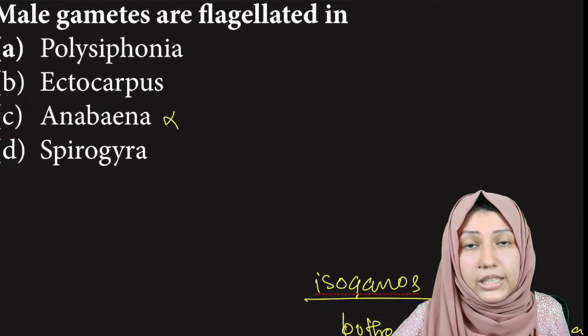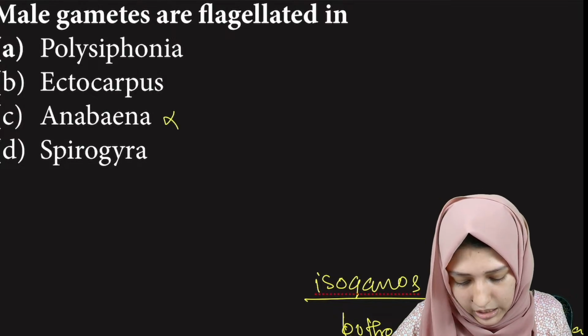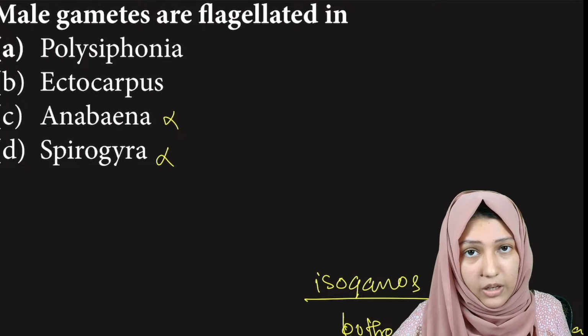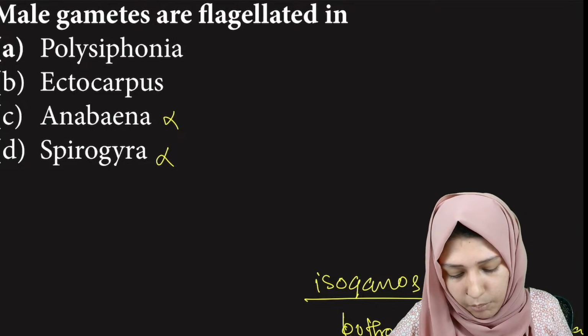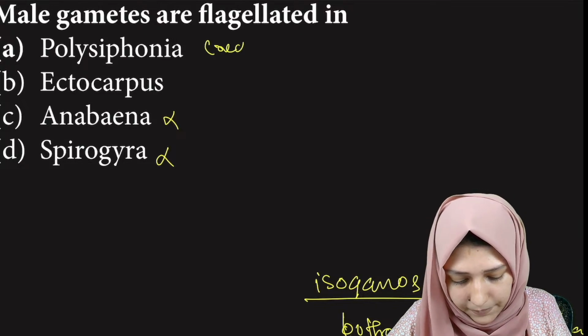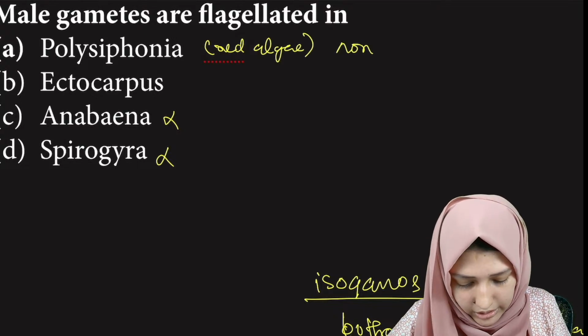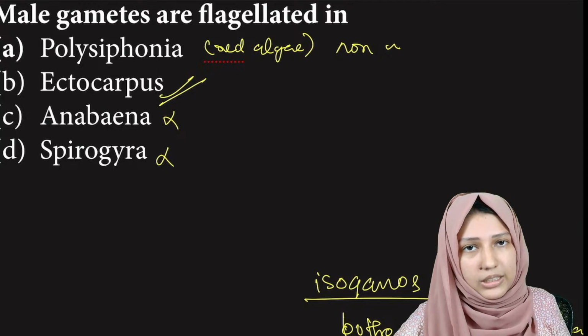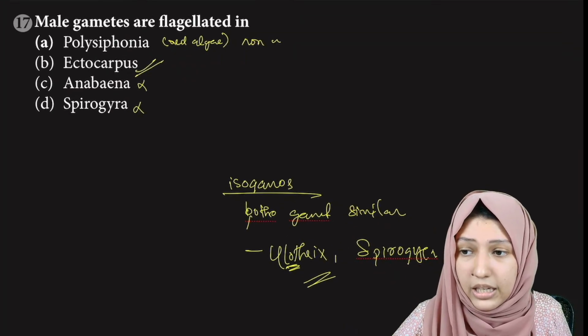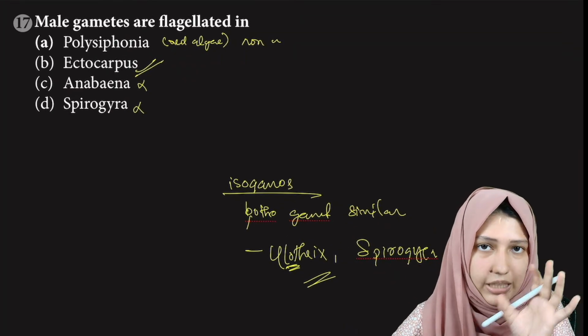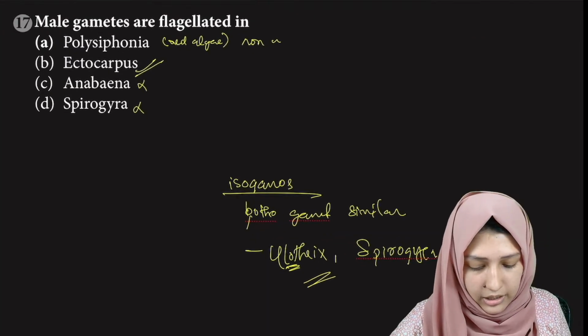Anabaena is a cyanobacterium. Spirogyra is non-flagellated. Polysiphonia is a red alga. Red algae are always non-flagellated. So Ectocarpus is the answer. Ectocarpus is a brown alga. Brown algae have flagellated gametes.